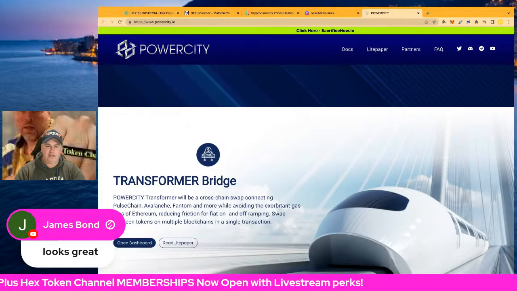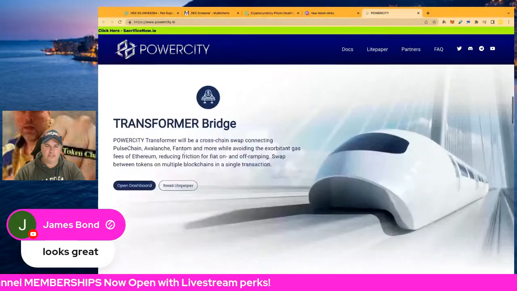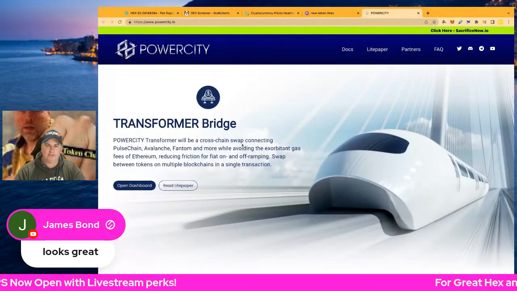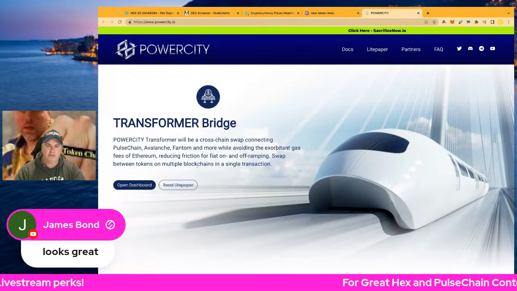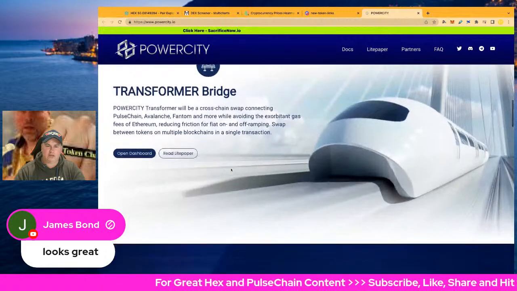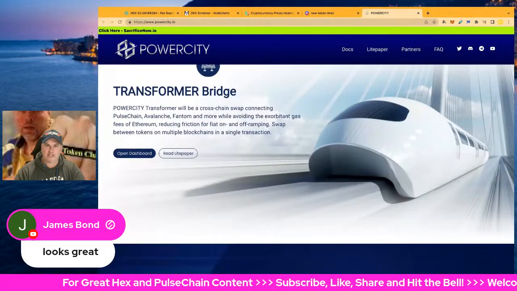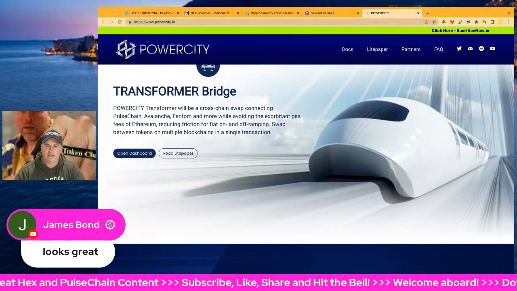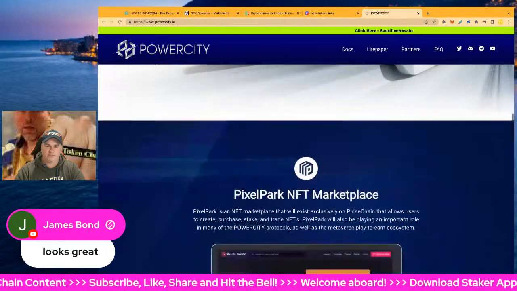There's a transformer bridge there. That's going to be amazing. That's going to allow you to do cross-chain swaps, as I said earlier in the presentation, reducing friction of Fiat, so the lowest cost there as well, and being able to interact with centralized exchanges as an indirect Fiat gateway. So it's really positive from that.